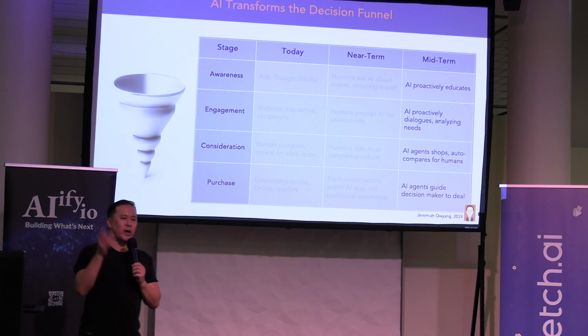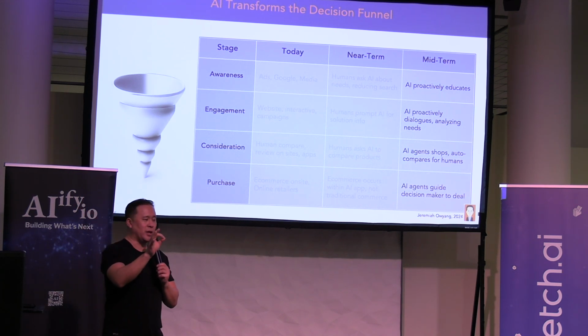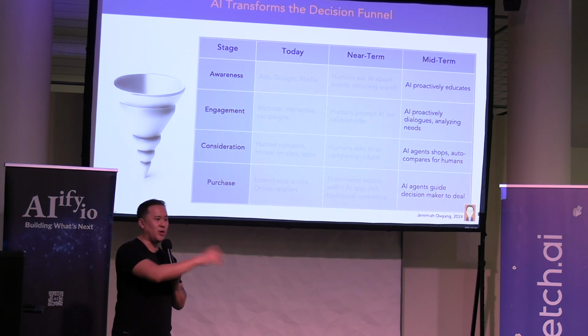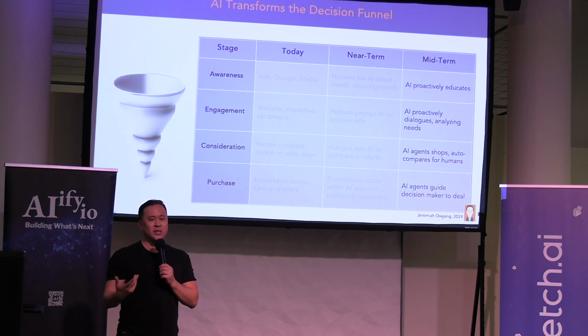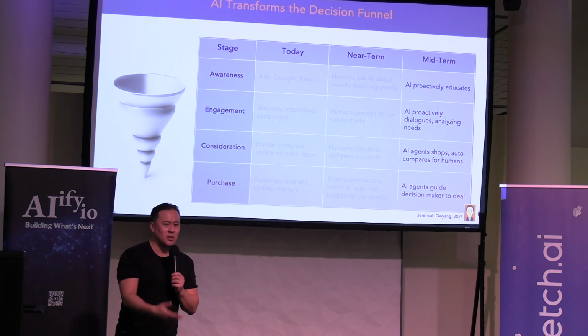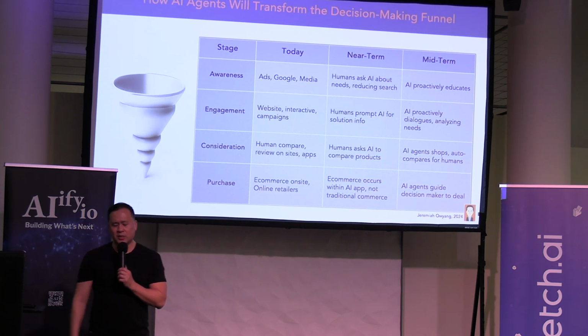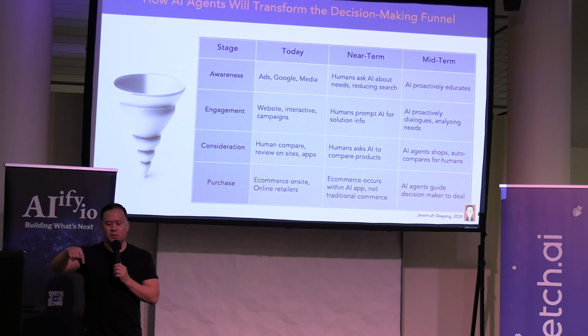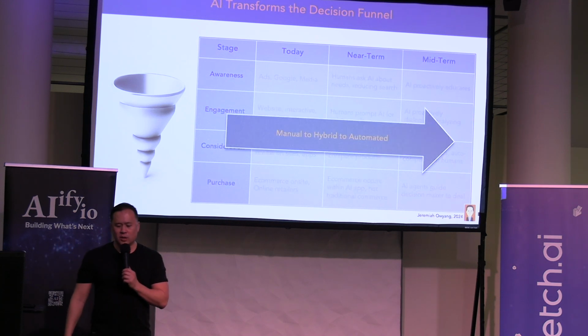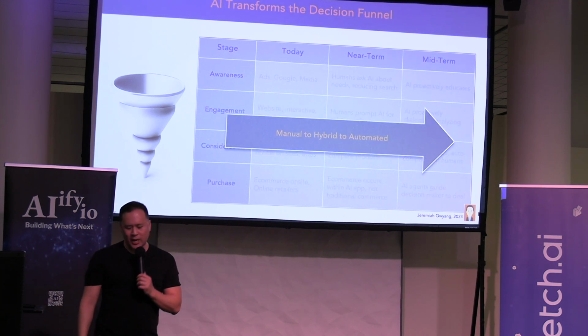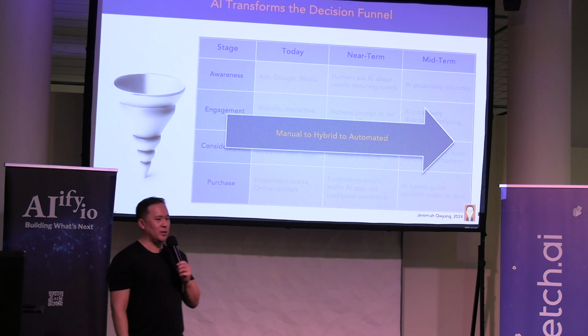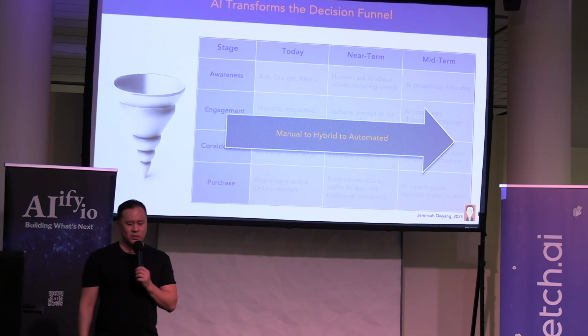The AI will grab your email, your credit card data, your SMS conversations, your phone conversations, will listen in and start to understand what you want, and then proactively predict what you need. And this means we're going to shift from the current manual way, to hybrid, and then to an automated way of making consumer decisions.